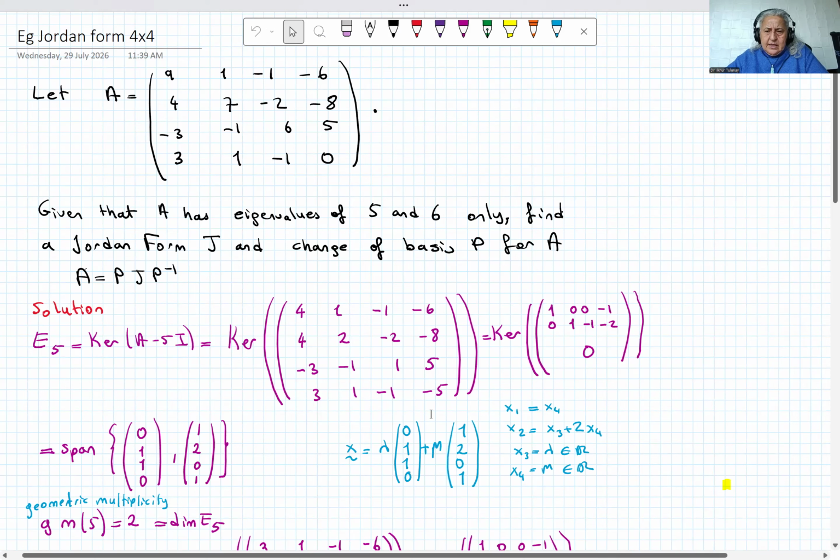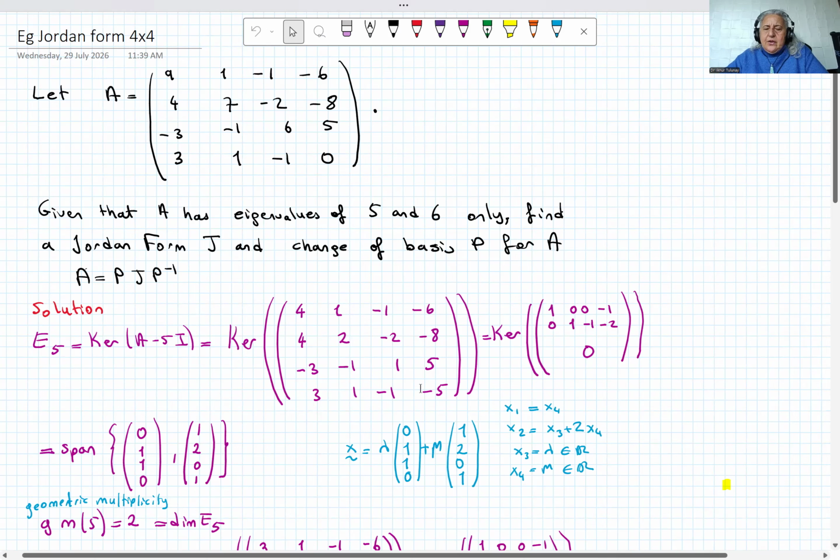All the others are the same. If you find the reduced row echelon form of this matrix, you will find these 2 rows and all the other zeros. That will give you x3 and x4 as free variables. The first row will give you x1 is equal to x4. The second row will give you x2 is equal to x3 plus 2x4.